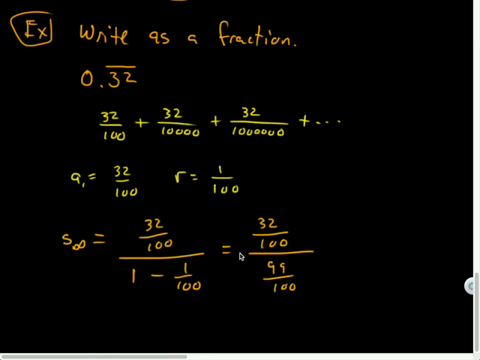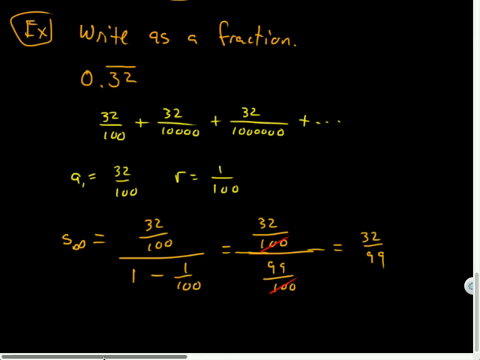And then that's 32 99ths, because the hundreds cancel out. Or whichever way you end up simplifying that is fine. So 32 over 99 ends up equaling that.